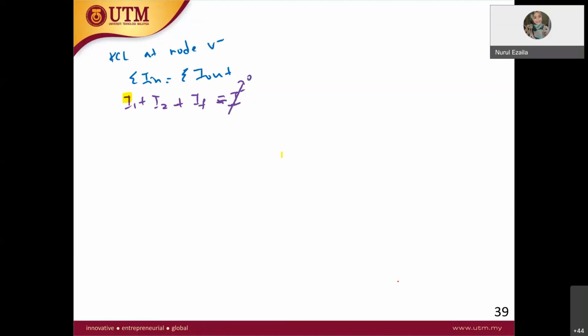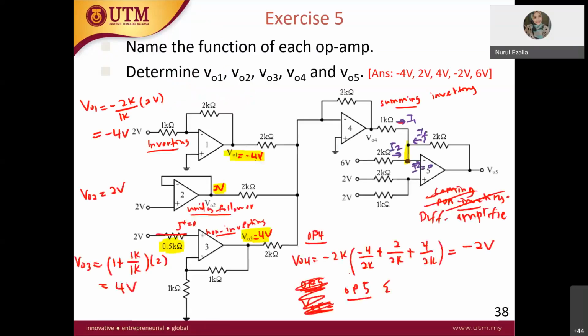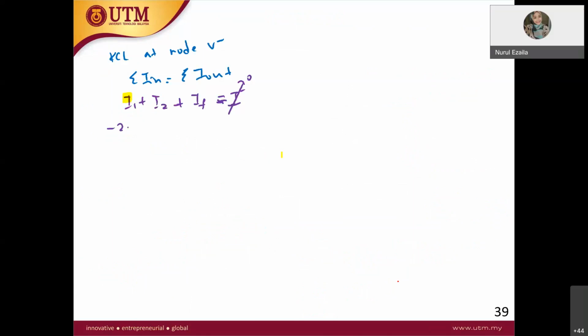Okay, so you know that I1 is the current to the right. So I take that I1 equal to, since V out 4 is negative 2, negative 2 minus 2 over 1k, plus I2.